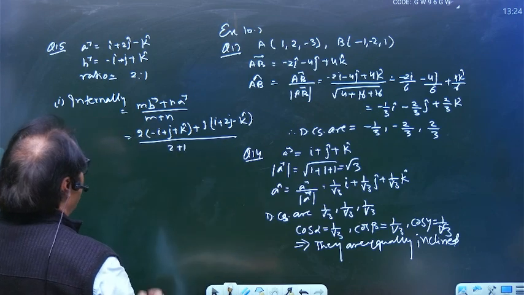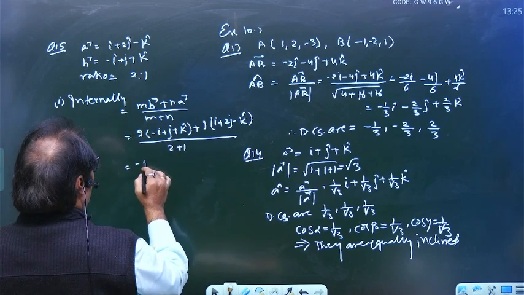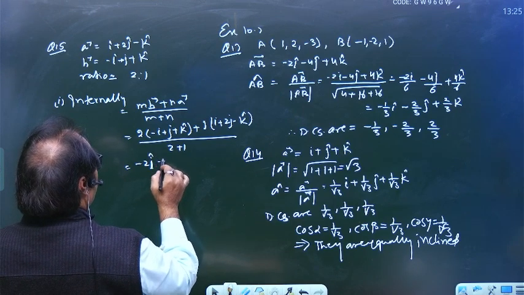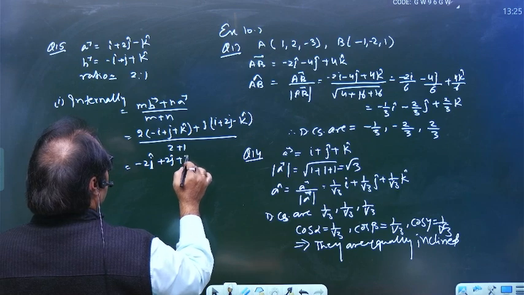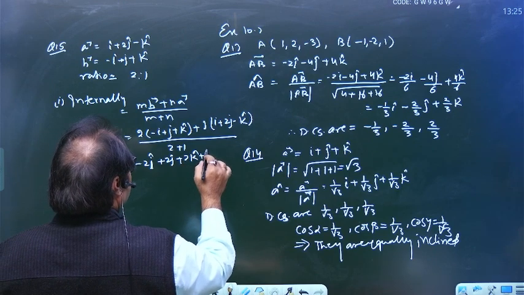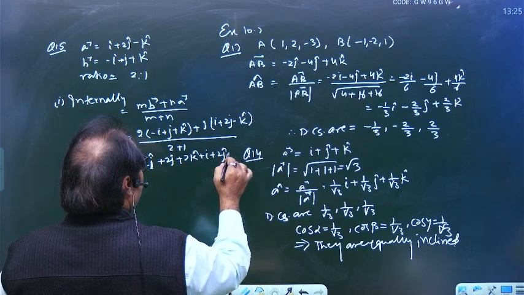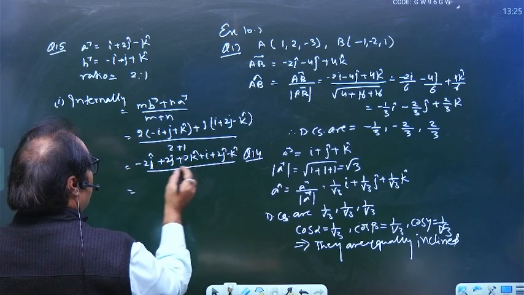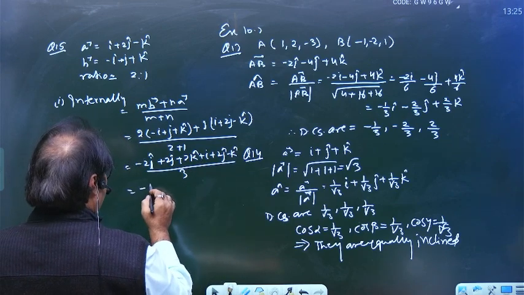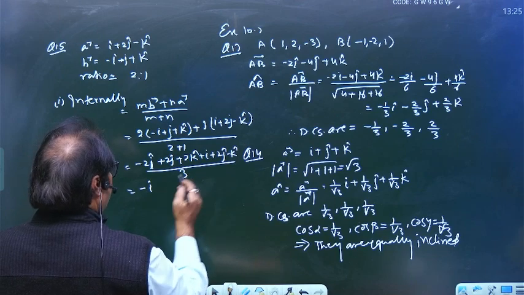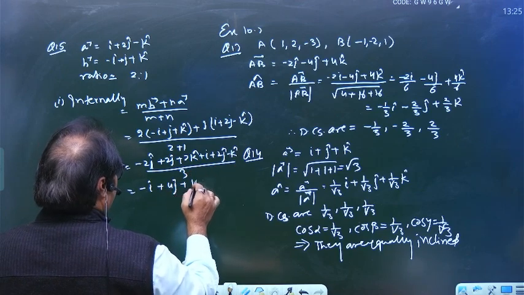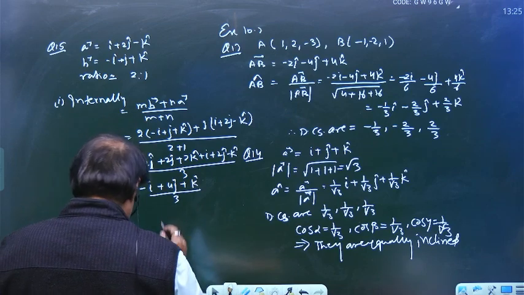Now simplify it. This is minus 2i cap plus 2j cap plus 2k cap plus i cap plus 2j cap minus k cap upon 3. So minus 2i plus 1i, that is minus i cap, 2j plus 2j, that is 4j cap, and 2k minus k, that is plus k cap, divided by 3.